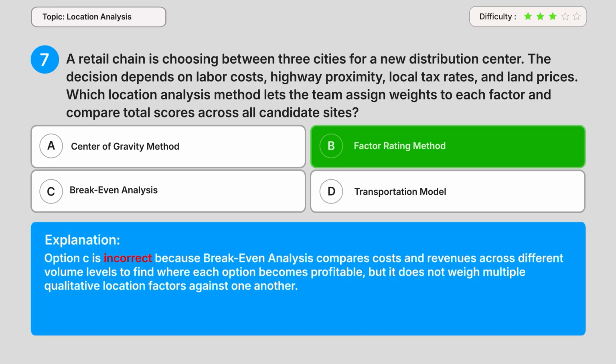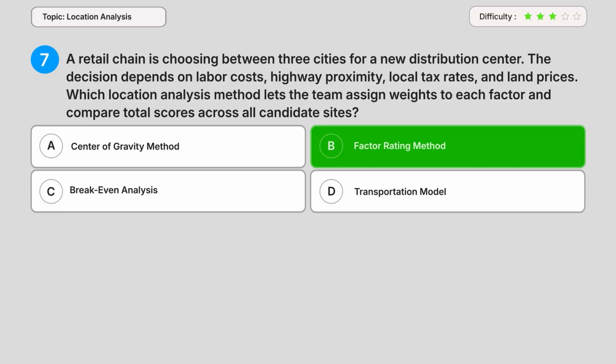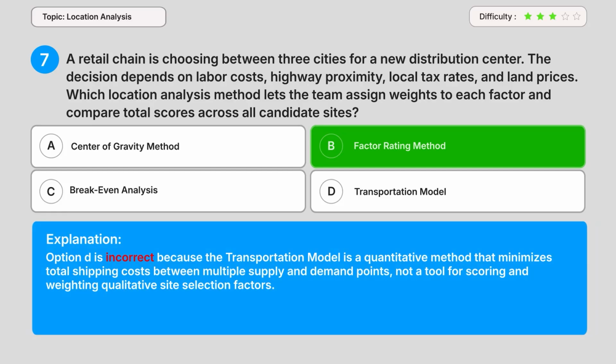Option C is incorrect because break-even analysis compares costs and revenues across different volume levels to find where each option becomes profitable, but it does not weigh multiple qualitative location factors against one another. Option D is incorrect because the transportation model is a quantitative method that minimizes total shipping costs between multiple supply and demand points, not a tool for scoring and weighting qualitative site selection factors.